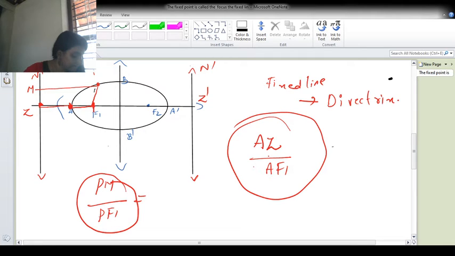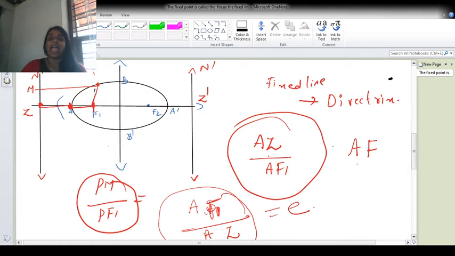You take the distance from A to the fixed point F1, and from A to Z. This ratio is called eccentricity. So the distance from a point on the ellipse to the fixed point, divided by its distance from the fixed line, is called eccentricity.